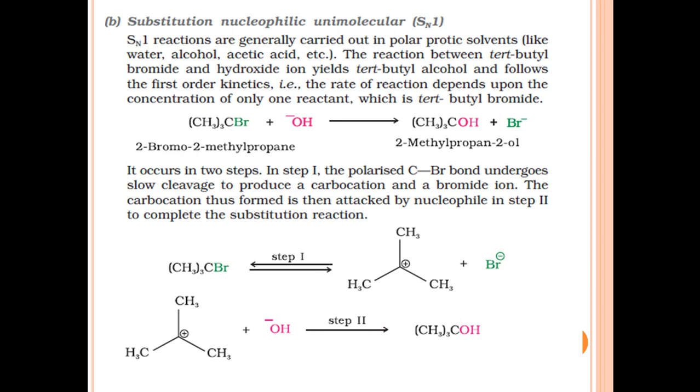So, the first step is the rate determining step, and this reaction follows first order kinetics. This reaction occurs in two steps. Step 1 is the rate determining step, and in the second step the OH group is attached to the tertiary carbocation.